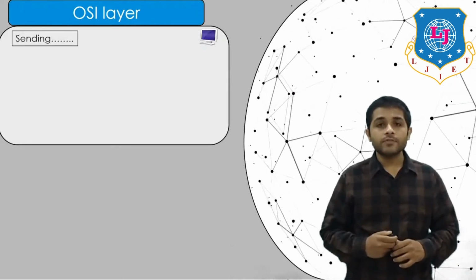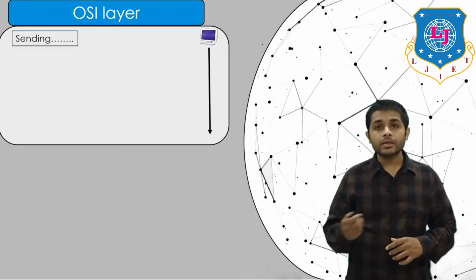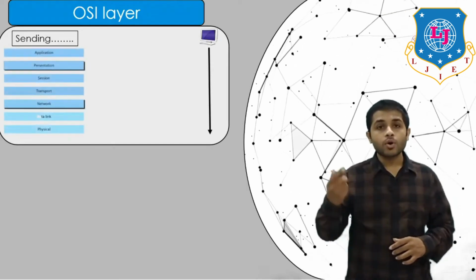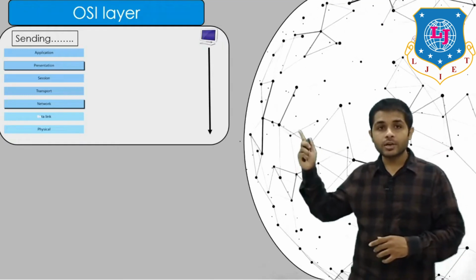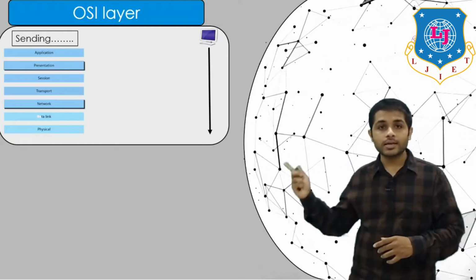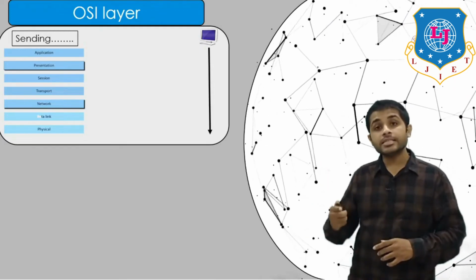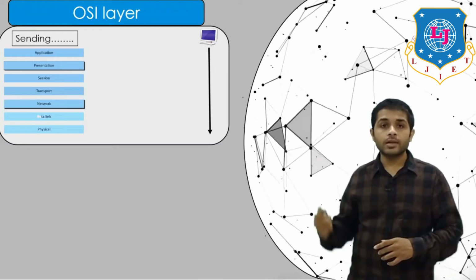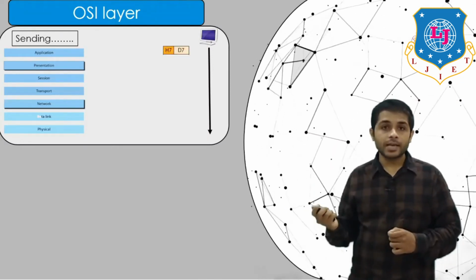As you can see in the figure, the computer is sending data, and when the computer is sending data, the data will pass through all the layers: application layer, presentation layer, session, transport, network, data link, and physical layer. Data enters the application layer.